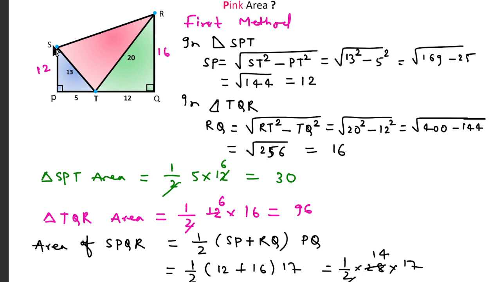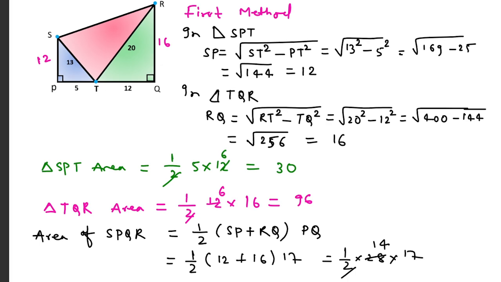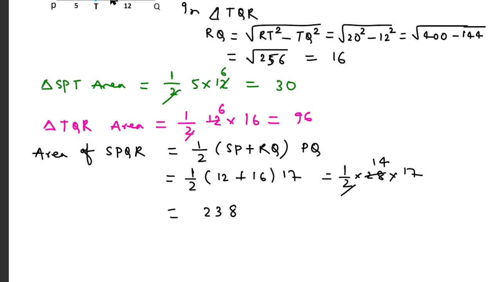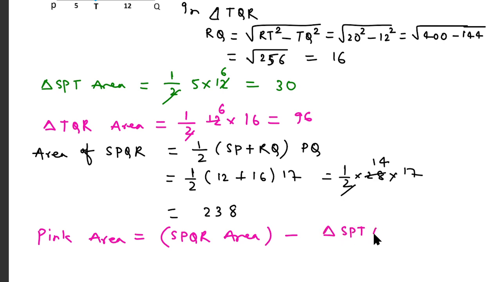SPQR. If we subtract these two triangle areas from the whole area, we will get the pink area, that is triangle STR area. So we can say that pink area is equal to trapezium area, that is SPQR area, minus triangle SPT area minus triangle TQR area.